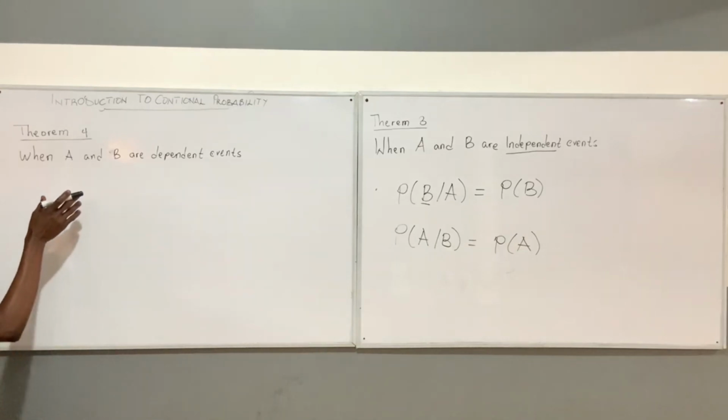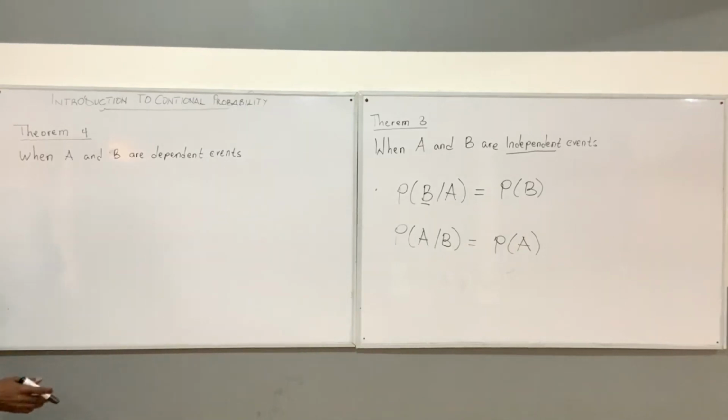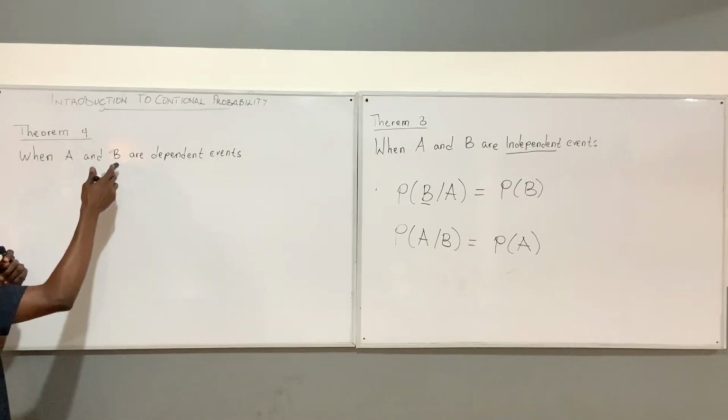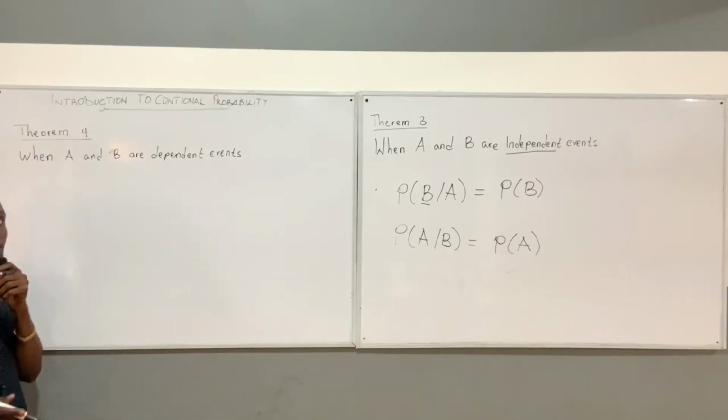Now, when A and B are dependent events, then it's very simple. That was what we spoke about from the very beginning. It means that the probability of event A will surely have an effect on the probability of event B. This means that anytime any of the events occurs, it will affect the other event we are looking for.